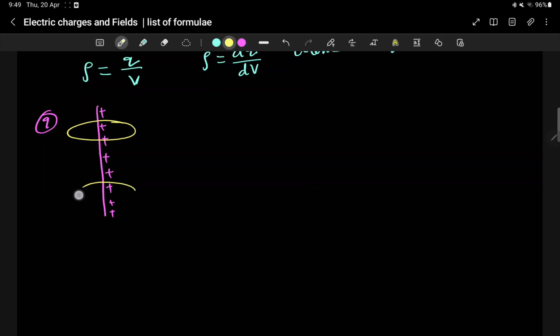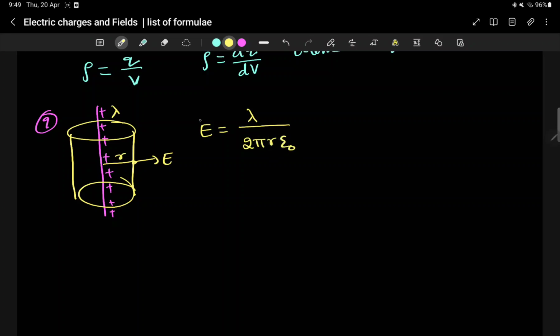You consider a Gaussian surface here, due to which at this particular point, what is the electric field at a radial distance r, where the linear charge density is lambda. Then this electric field is given by E is equal to lambda divided by 2 pi r epsilon naught. This is the formula.